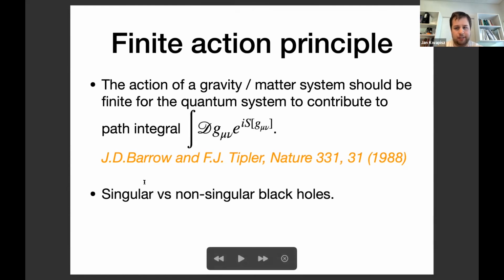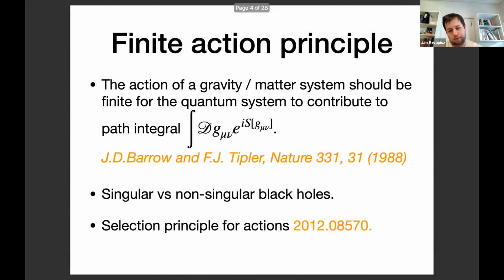We would be interested in applying it to singular and non-singular black holes. Because we know that quantum gravity is supposed to resolve the singularities problem, we would ask whether there exist theories such that the action of a singular black hole would be infinite, while the action of a regular black hole would be finite.